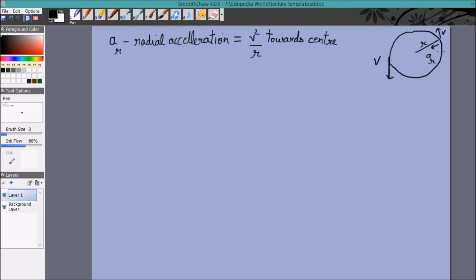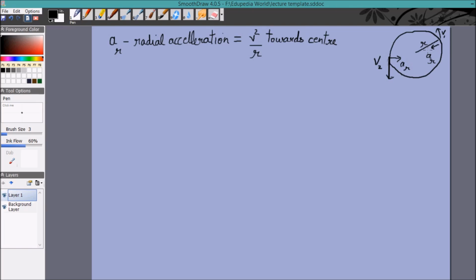So let's say initially its speed was v1, direction was this. Finally, later its speed becomes v2, and this is the direction. So now the acceleration also has its direction change along with the magnitude. The magnitude of radial acceleration now is v2 squared by r, but the direction is also different. So the direction of radial acceleration changes continuously.